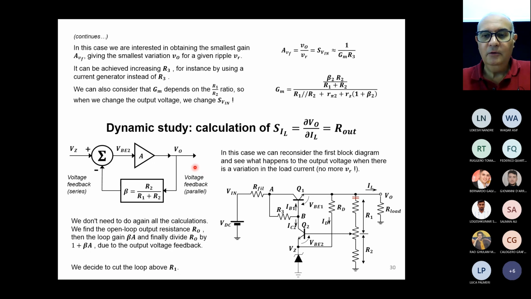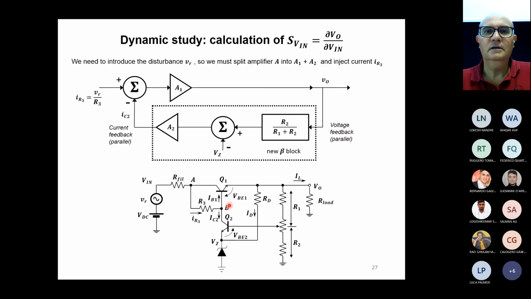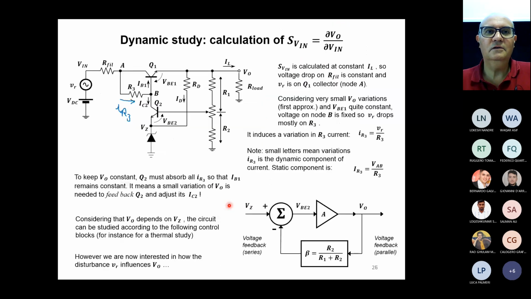We are not considering the ripple anymore. We are neglecting the ripple. Ideally, this ripple in this study is 0, but we are only focusing on the variation of the output voltage. So if you consider the equivalent circuit, you see that here I removed the ripple voltage. If I go back a few slides, in that case we used the ripple voltage because we wanted to see how much ripple passed through the system to the output.